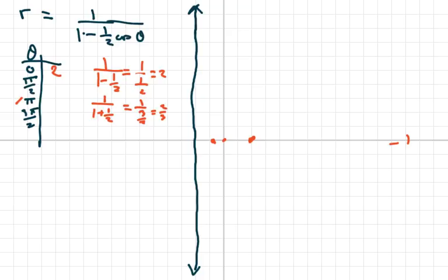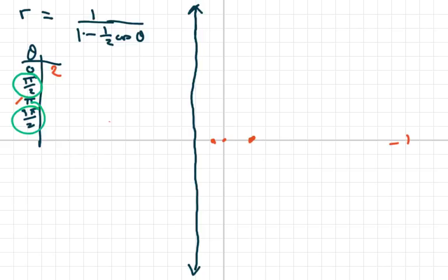The vertical part is going to be your pi over 2 and your 3 pi over 2. We know that cosine of pi over 2 is 0. So for pi over 2, we get 1 over 1 minus 0, which is 1. So that's going to be right here.